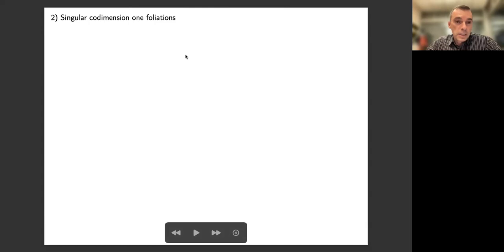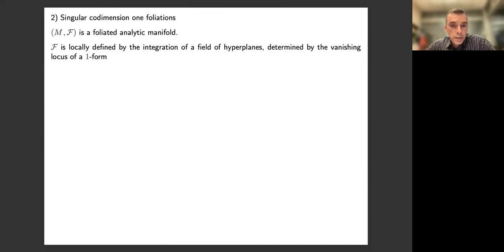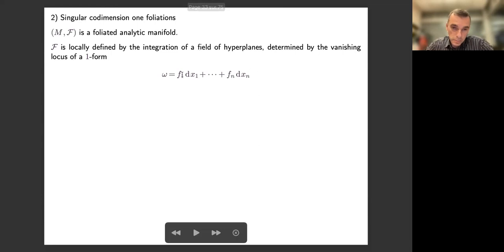Okay, so now let me explain some other examples. You can consider the case of codimension 1 singular foliations. This is the case where I have a pair given by a manifold and a foliation F, which is locally defined by the integration of a field of hyperplanes determined by the vanishing locus of some analytic one form, like this one, satisfying the integrability condition.